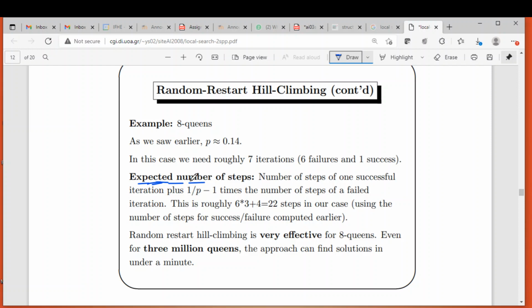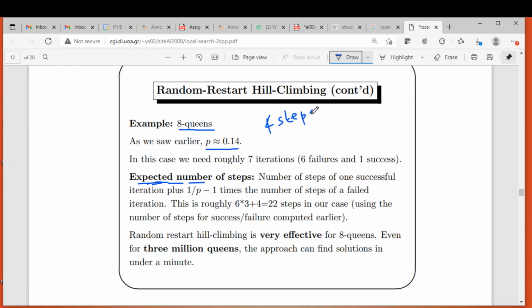As per the problem, you recall the previous problem we discussed, the 8 queen problem with the steepest ascent hill climbing algorithm. We know that its probability of success is 14 percent. 14 percent of the time it succeeds, so its probability is 0.14, and whenever it succeeds, it takes an average of 4 steps.